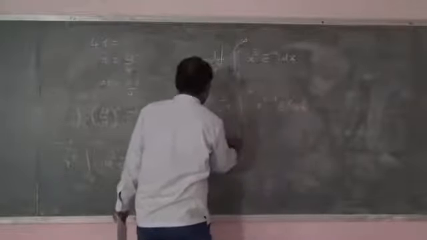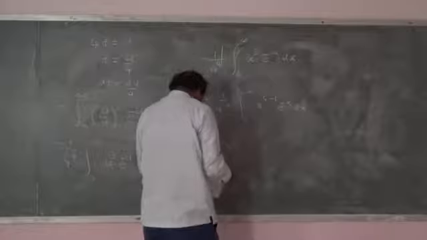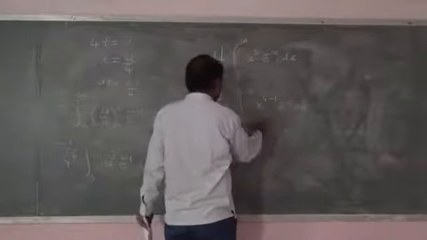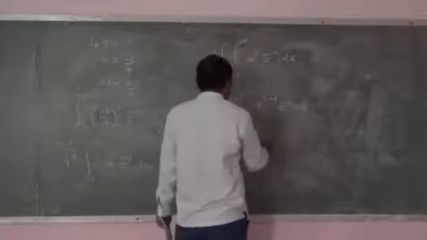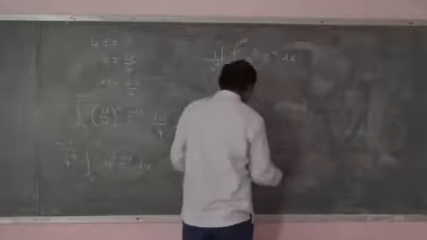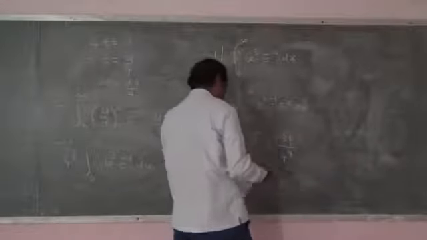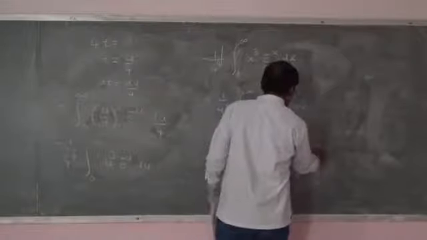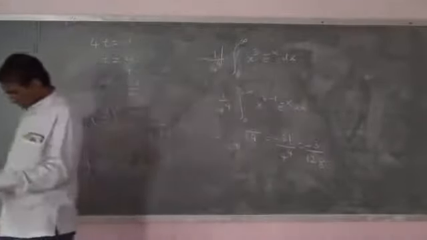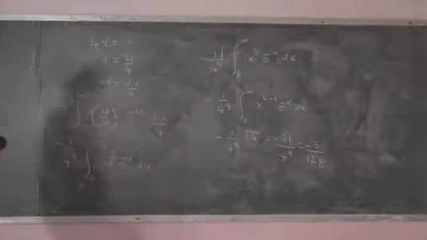So this is minus 1 by 4 raised to 4 into gamma 4. From the definition this becomes gamma 4, or 3 factorial, divided by 4 raised to 4, and using a calculator you can do all these things. This is minus 3 by 128.